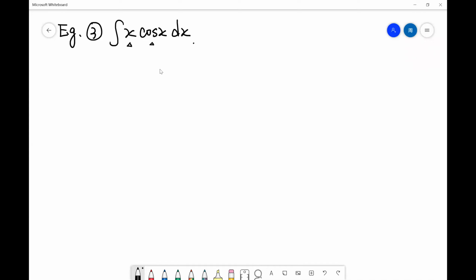We know the order of the power function is number 3, and the order of the trig function is number 5, right? So we should choose x as the u in the formula.